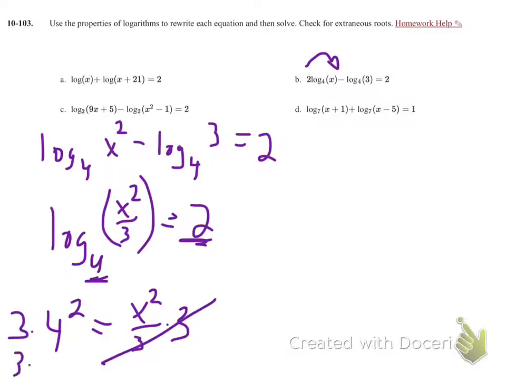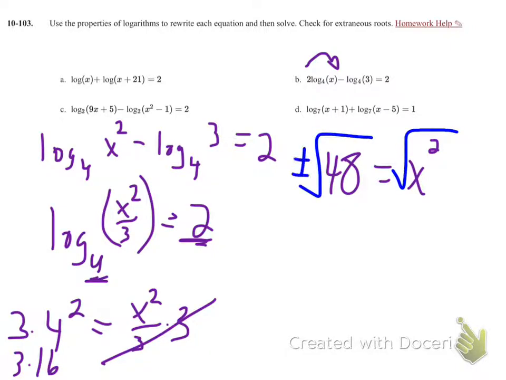So now I will have 3 times 16, which is 48 equals x squared. Now I'm going to simplify that. So square root of both sides, I get the plus and minus over here. So x will equal plus or minus square root of 48.